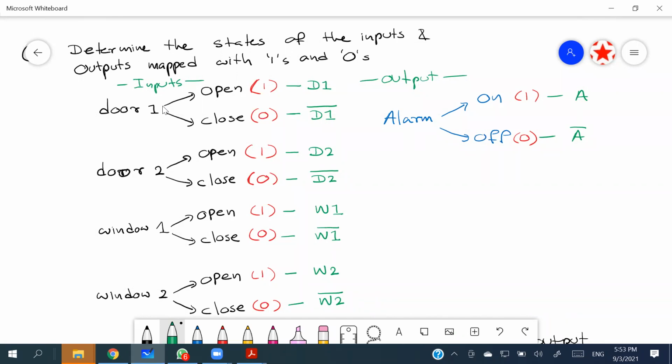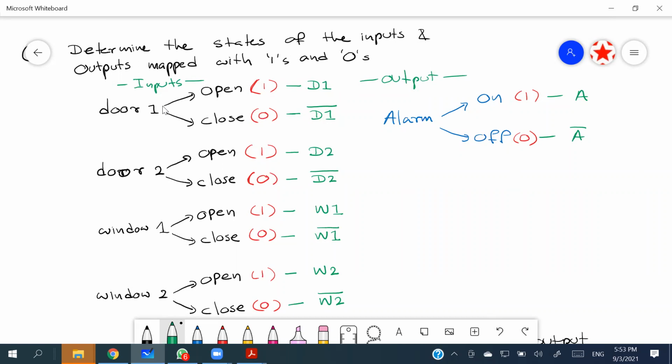For door1, we indicate open by logic value 1, and closed by logic value 0, right? And accordingly, we have illustrated state 1 and state 0 using our variable as well, right?